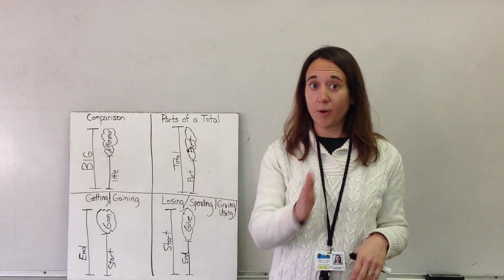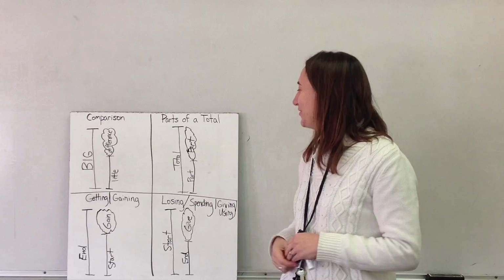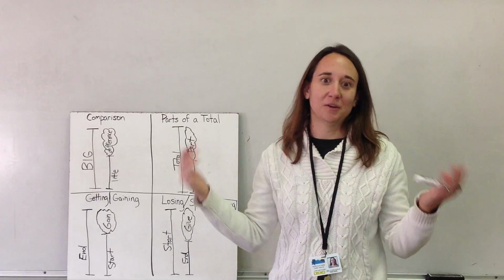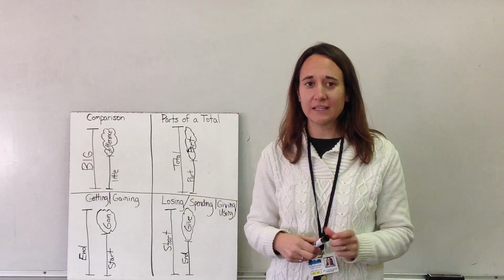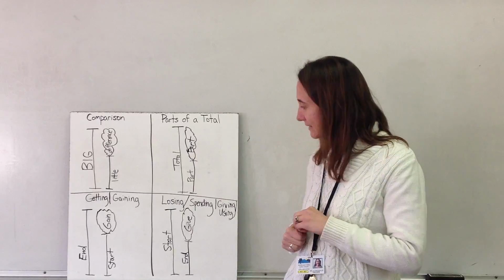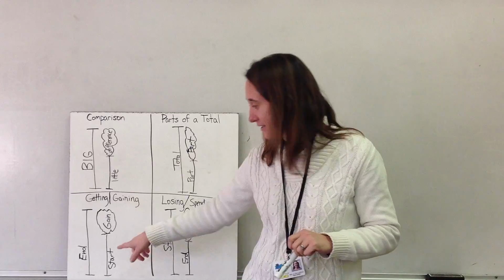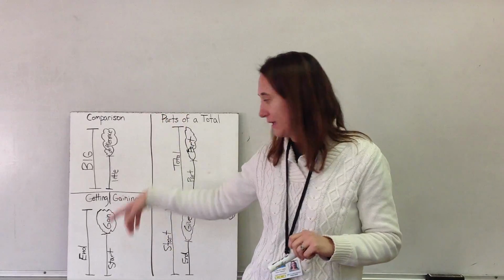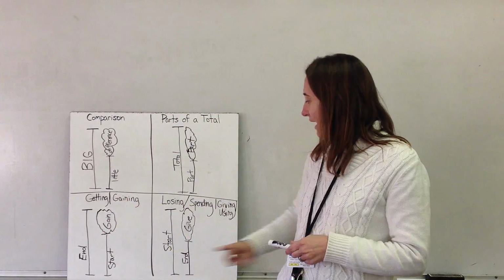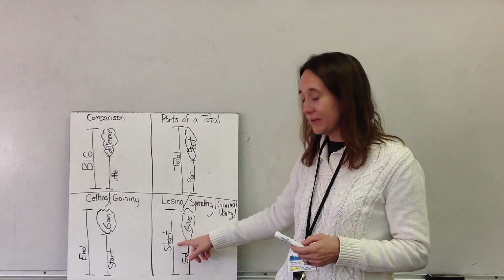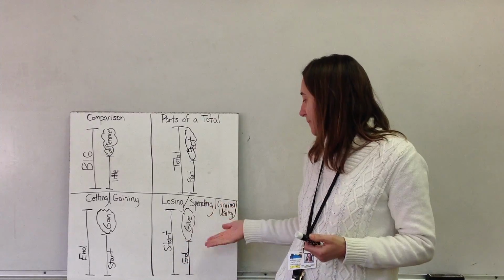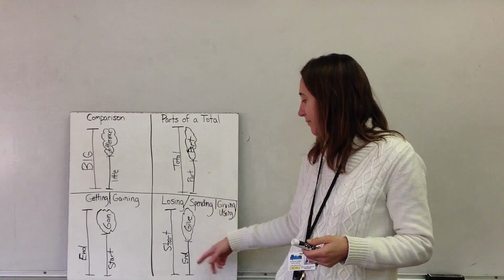It could be three parts, or it could be four parts, however many parts. And as the kids get older, it'll become more complex. Same thing here. They could gain multiple things. They could start out with something and gain multiple things before they end up. And also here, they could start out with something and lose or give or spend or use multiple things before they end up.